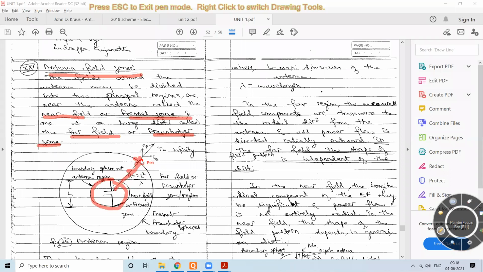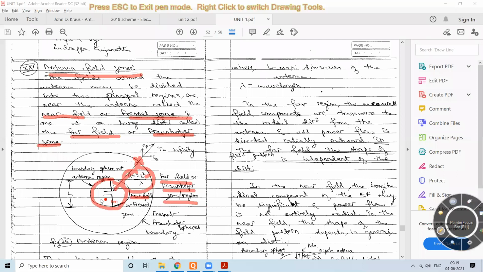Whether this point falls in the far field or the near field is what we have to look out for. It is based on the condition that r should be greater than or equal to 2 L square by lambda. If this is satisfied, the point of observation is in the far field, the Fraunhofer region or zone.